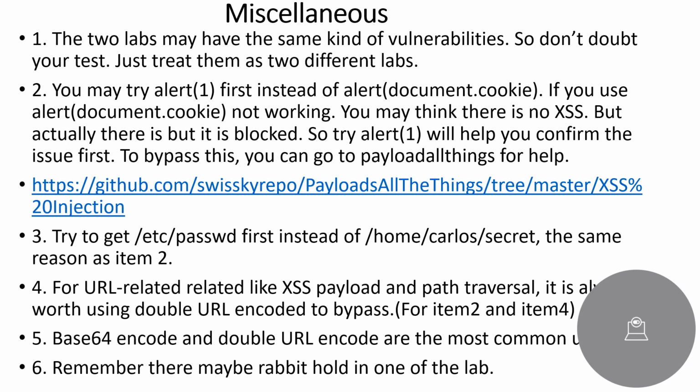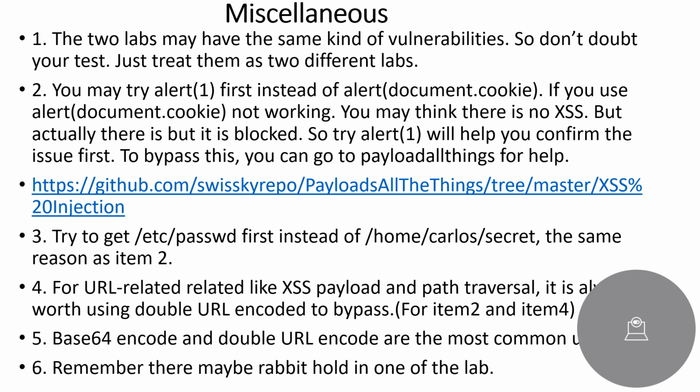Okay. The fourth one is that because cross-site scripting payloads and path traversals are all related to something like the URL, in most cases I would suggest you try double URL encoding to bypass, because sometimes you may find that one URL encoding is not enough.